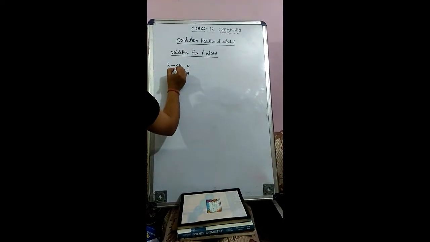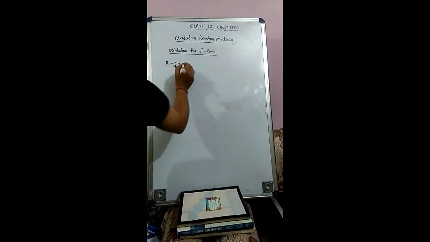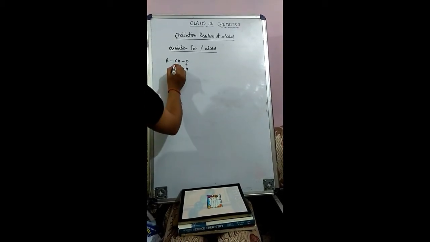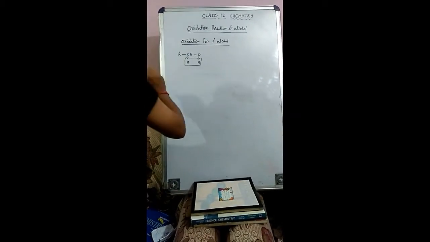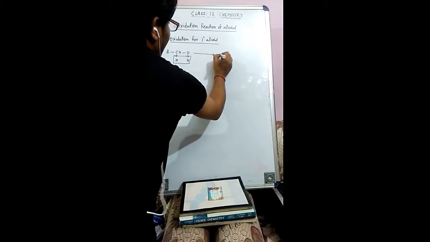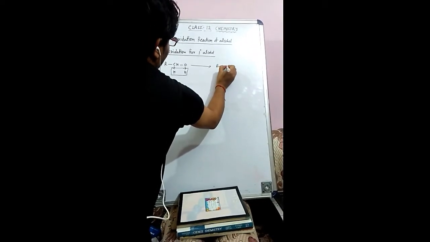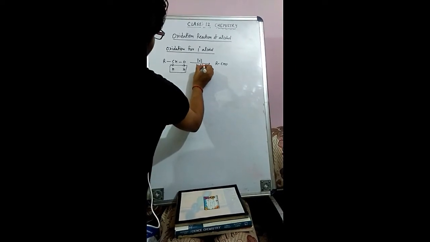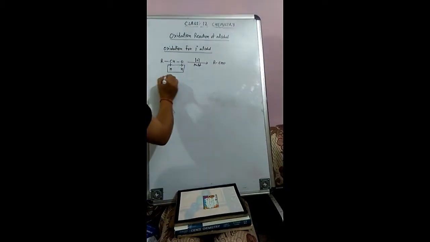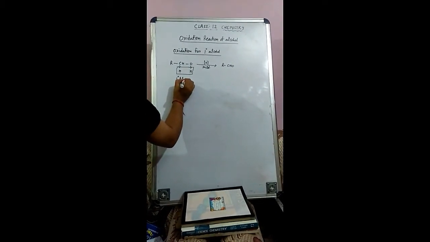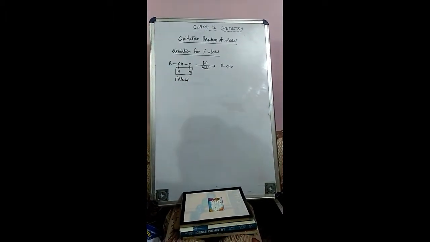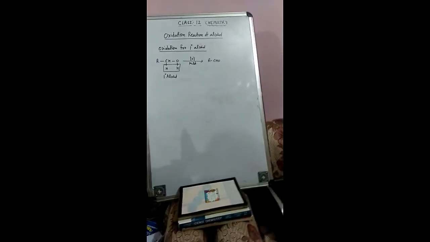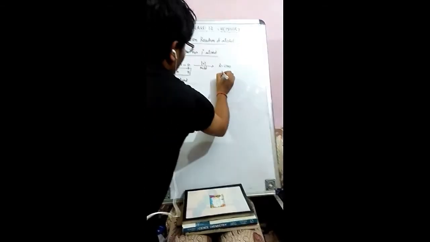Here the carbon-hydrogen bond will be split and the oxygen-hydrogen bond will be split. So H2 will be released, and we get RCHO during the oxidation with a mild oxidizing agent. That means during the oxidation of a primary alcohol in the mild form, it will give us an aldehyde.